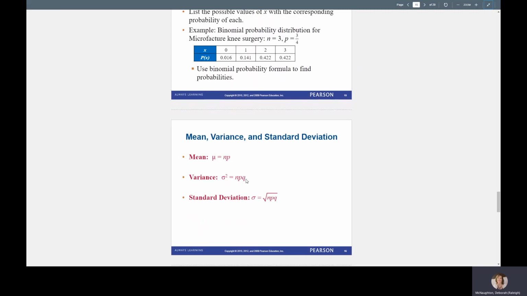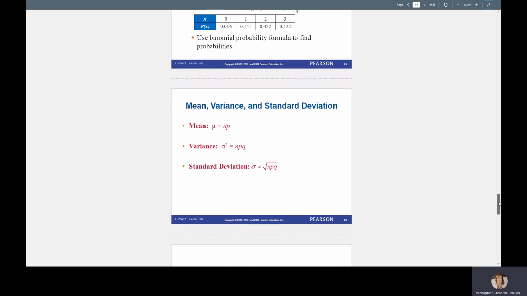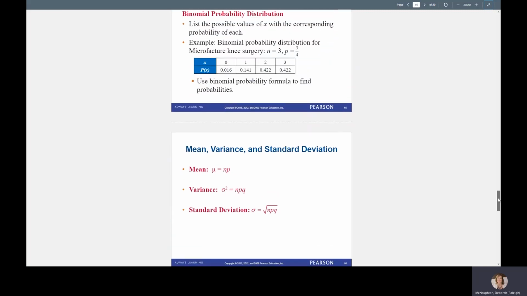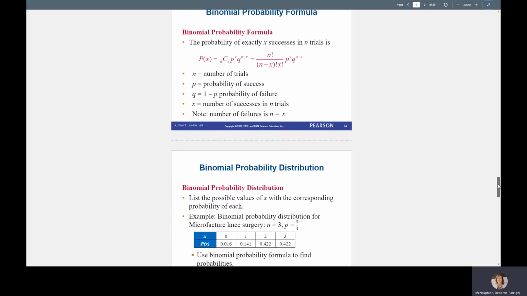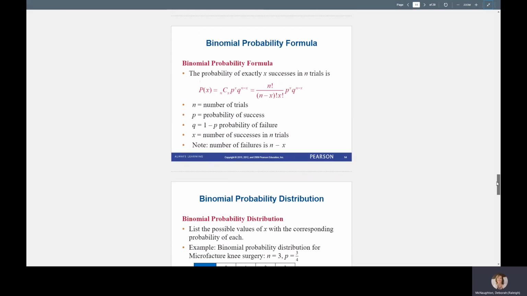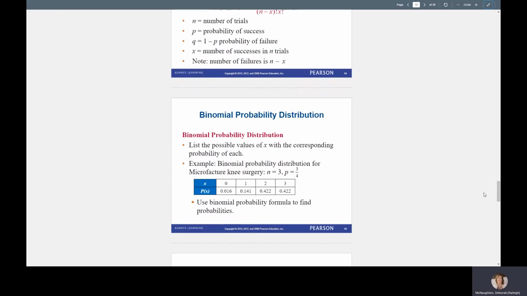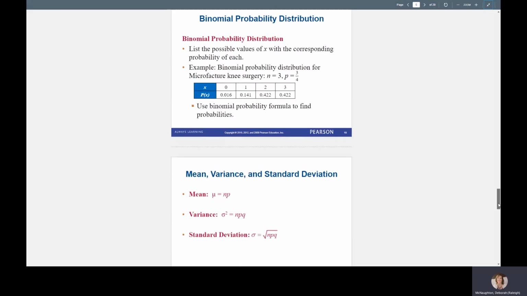The variance is npq, and the standard deviation is just the square root of the variance, or the square root of npq. So that's the end of the material for this. So let's open up Excel and we're going to recreate this. And then I'm going to show you how easy it is to find the mean, variance, and standard deviation from that.